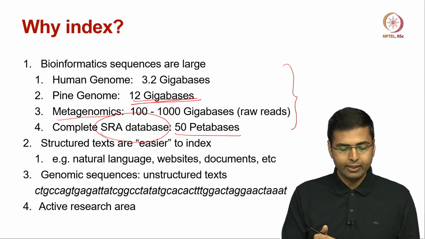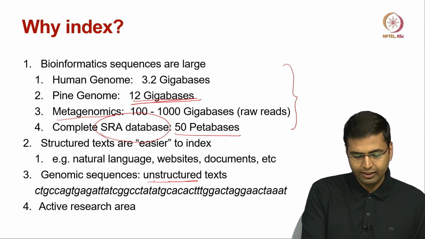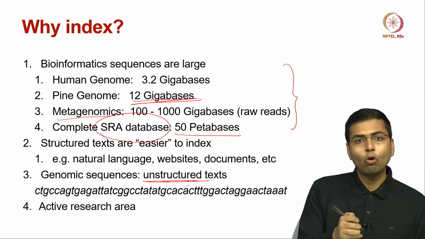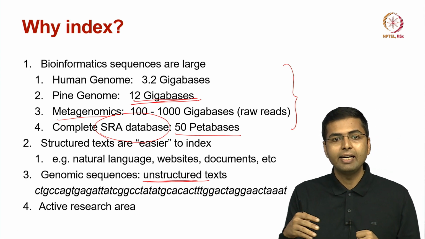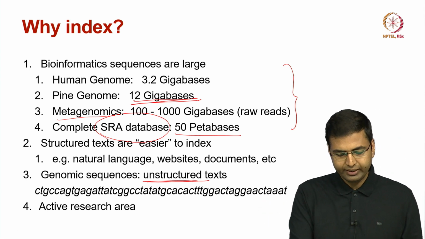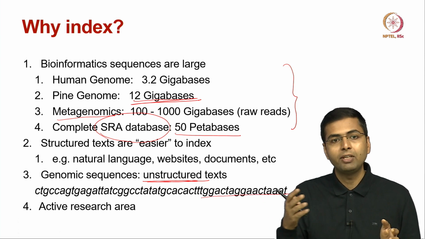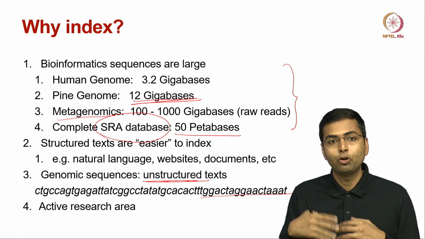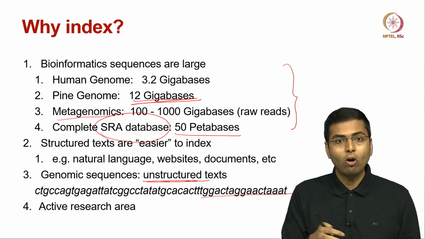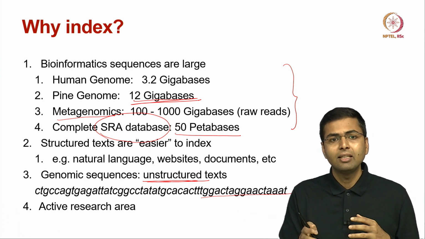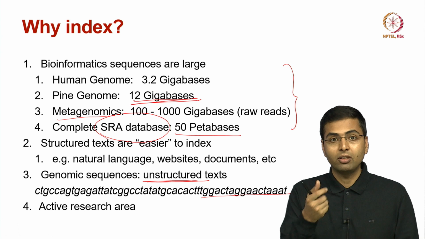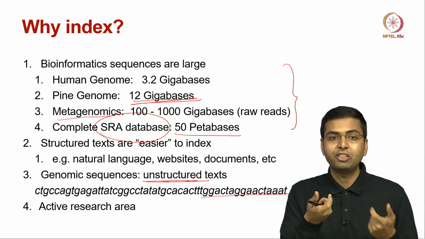Whereas in genomic sequences the text is unstructured, that means that we will see just contiguous stretches of A, C, G and T characters, and these strings can go from 1 million to 250 or even 500 million nucleotide characters long. It will all be just a sequence of A, T, C's and G's, and there is no visible structure in terms of words like we see in English text.